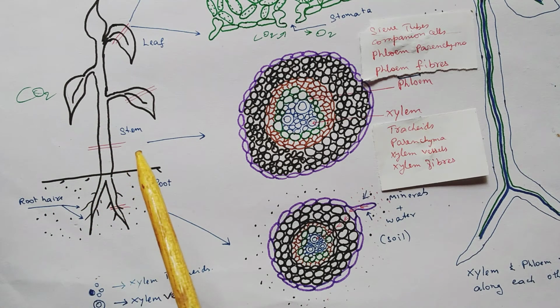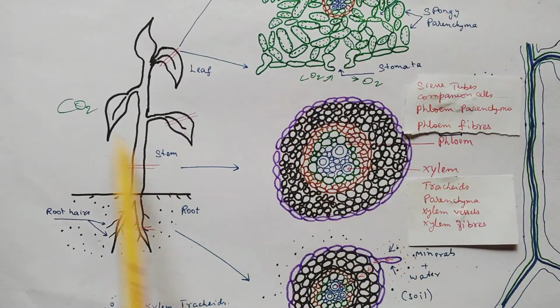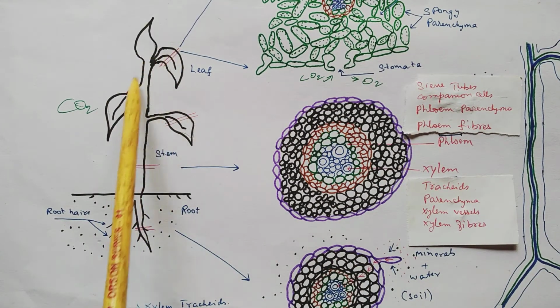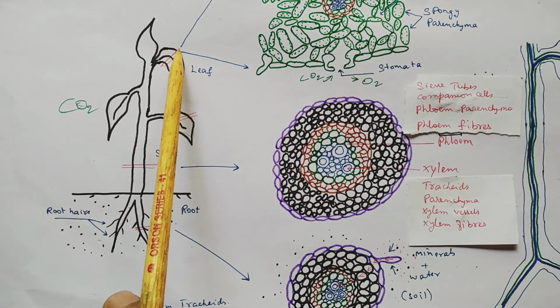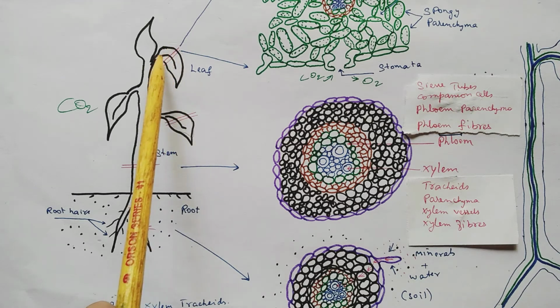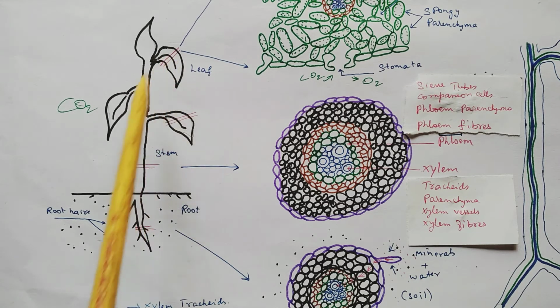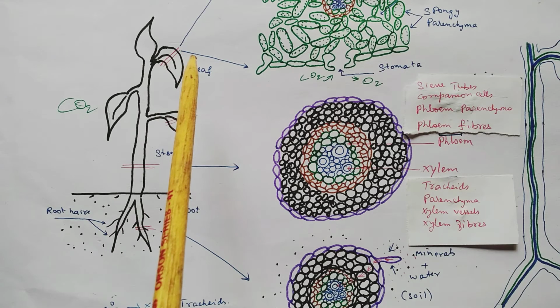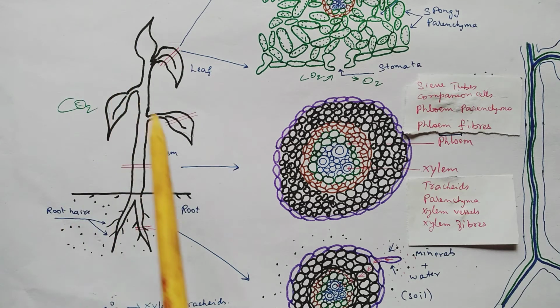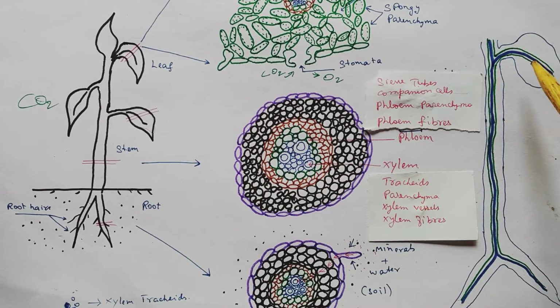And this loss of water from the surface of the plant creates a vacuum in the plant, which has to be filled by the water absorbed from the root, and that process keeps on continuing, and that way the water and mineral molecules are also carried along that pathway.